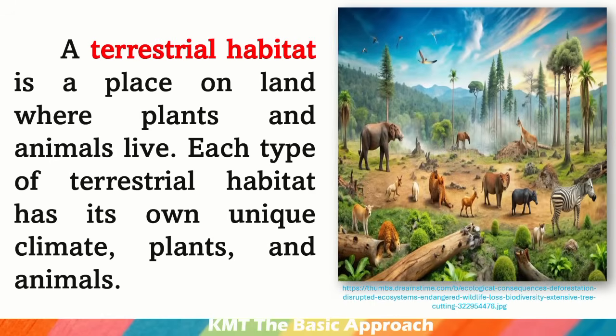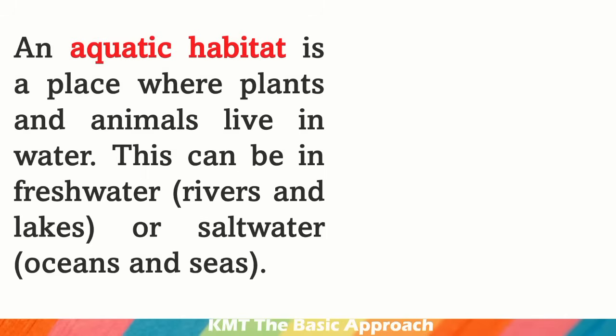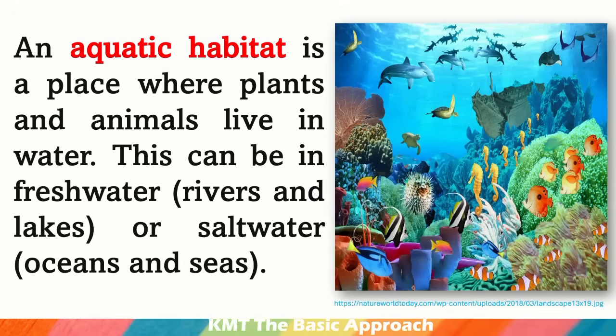Each type of terrestrial habitat has its own unique climate, plants, and animals. An aquatic habitat is a place where plants and animals live in water. This can be in fresh water like rivers and lakes, or salt water like oceans and seas.